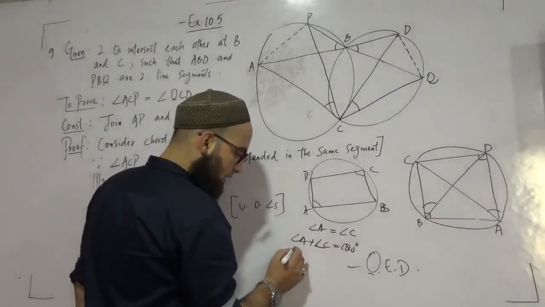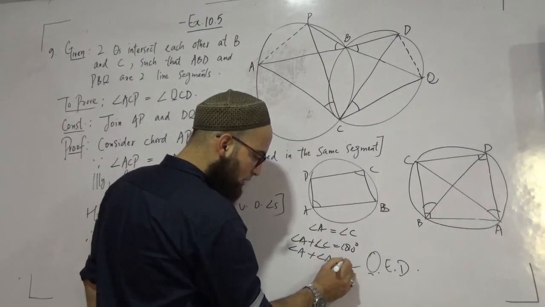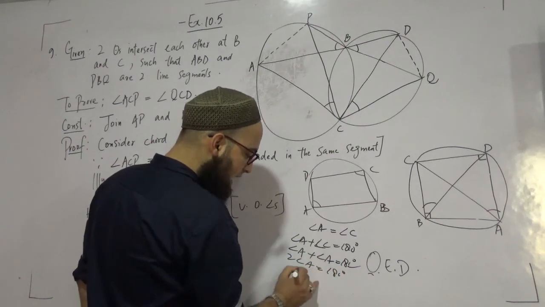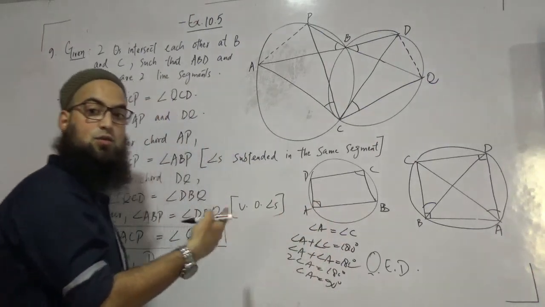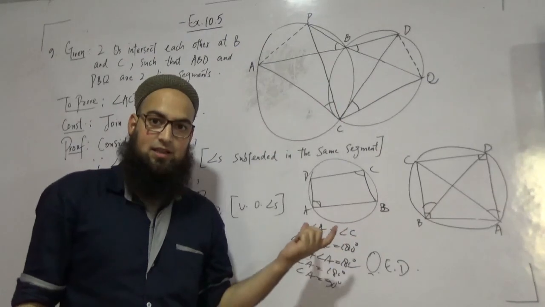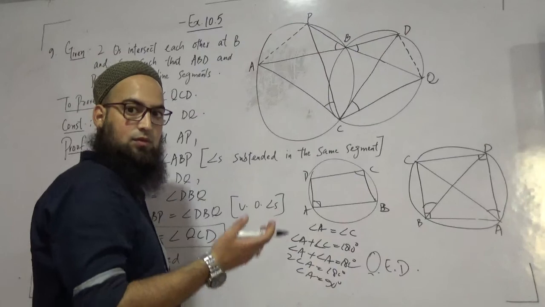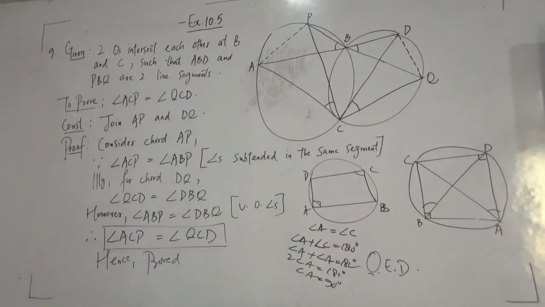That means angle A plus angle A is equal to 180 degrees, so twice angle A is 180 degrees, which gives angle A equal to 90 degrees. Since one of the interior angles of a parallelogram is a right angle, it's a rectangle. So that's it. Make a note.